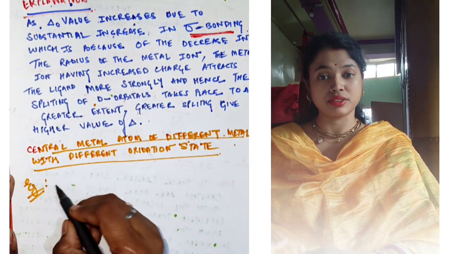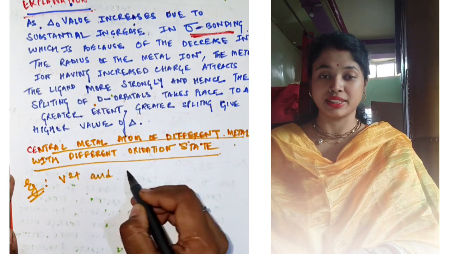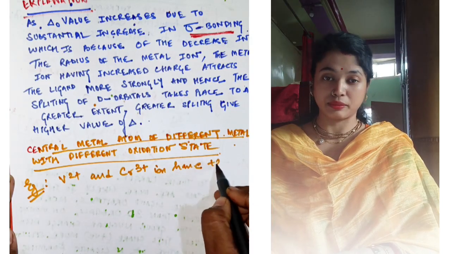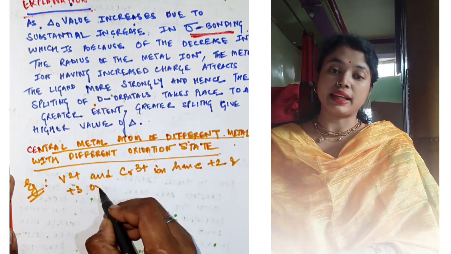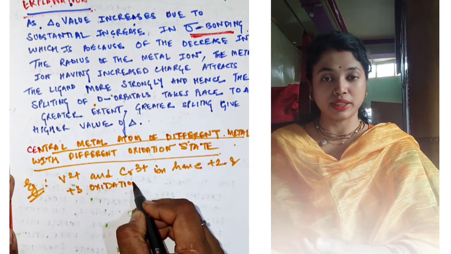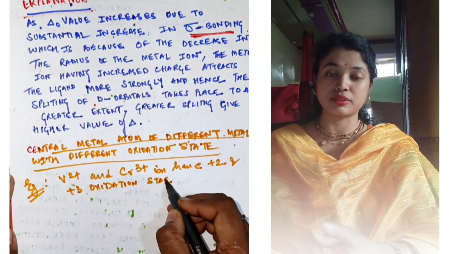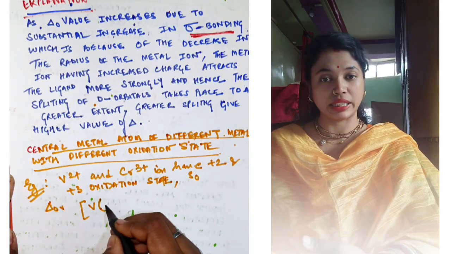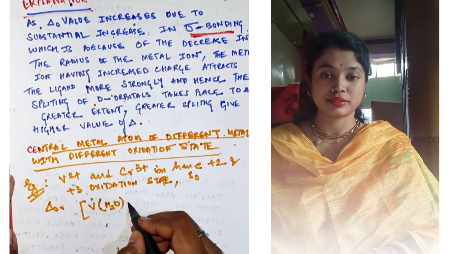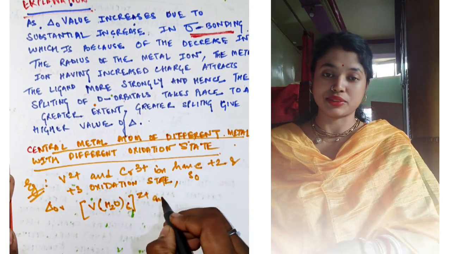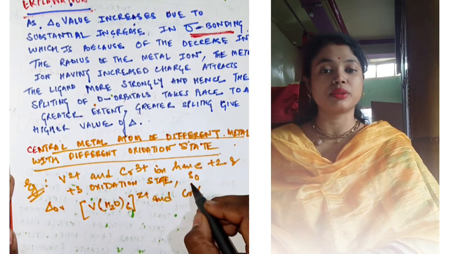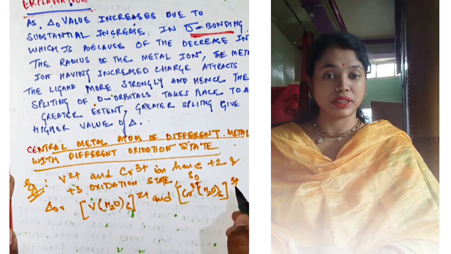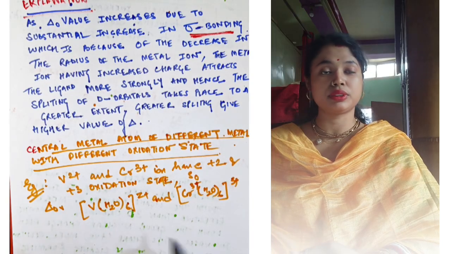We will first take the example of vanadium 2+ and chromium 3+ ions, which have +2 and +3 oxidation state. So the delta naught value of vanadium 2+ and chromium 3+ complex ions.